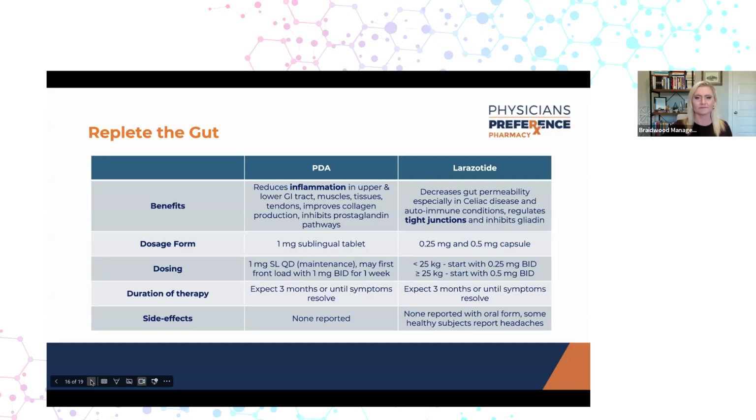What about how to dose it? So for PDA, if you've got a patient that has something like candidiasis or an issue like this, we can give them 1 tablet daily. It comes in a 1 milligram tablet. If the patient also has an acute injury, like the 80-year-old woman that we recently had come in that fell out of a tree.